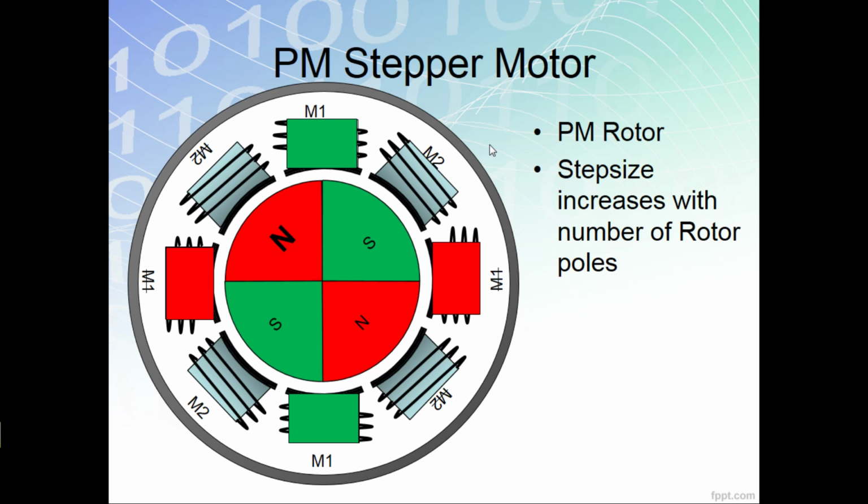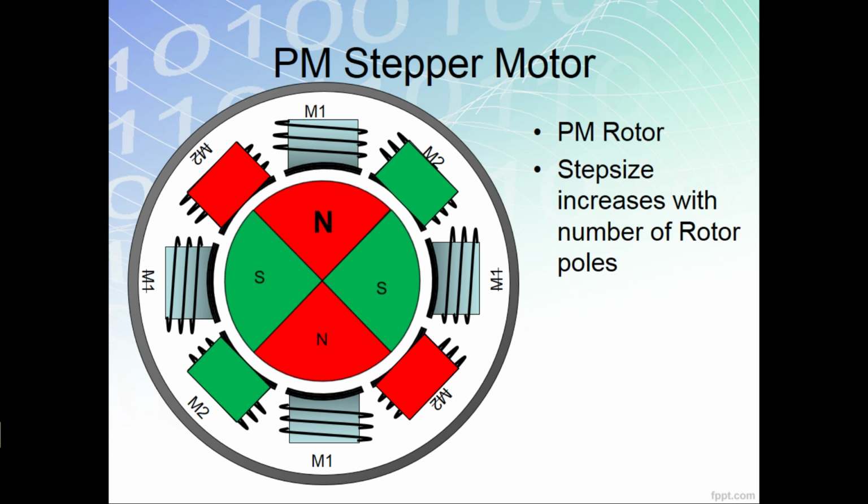And as you can see here, there will be a force of attraction and repulsion that is experienced by the permanent magnet rotor due to the poles.